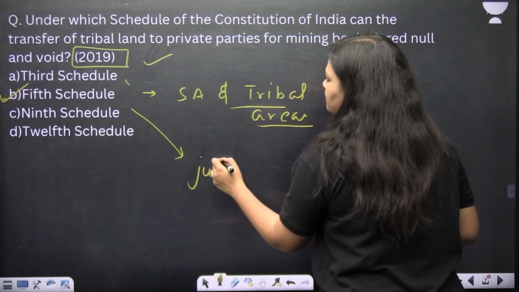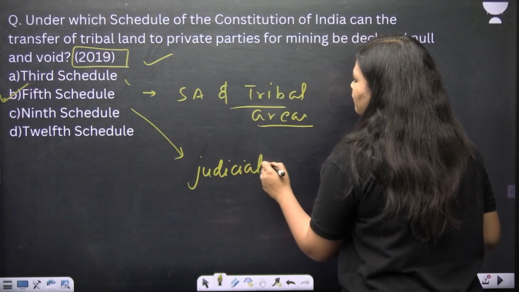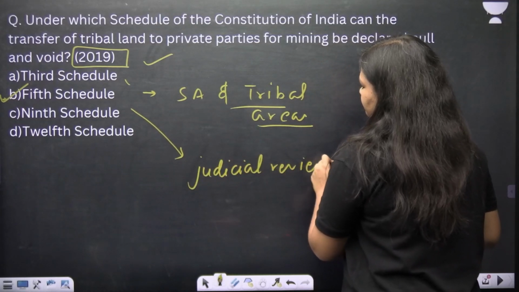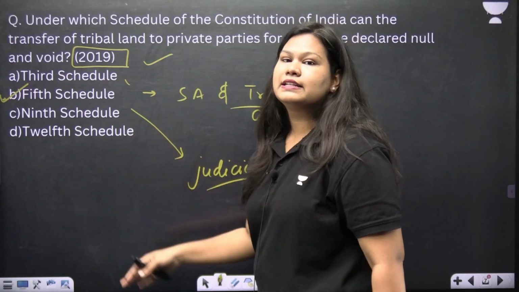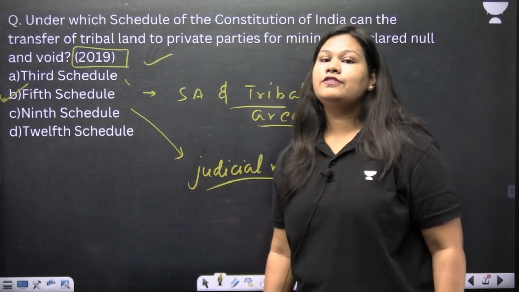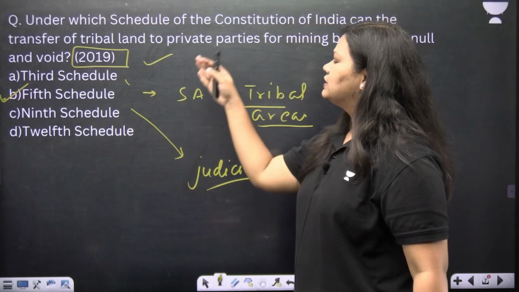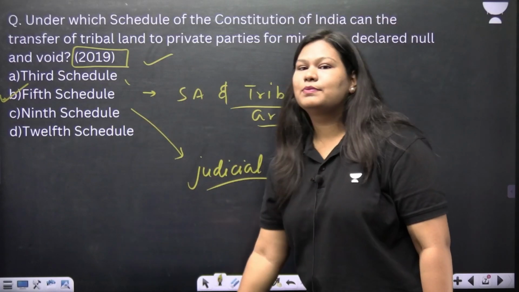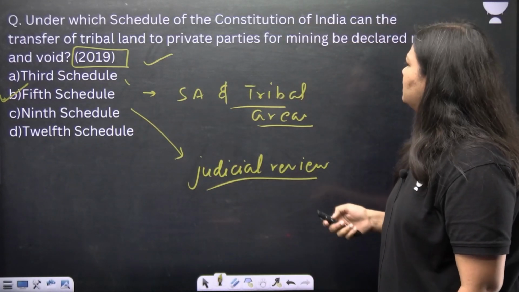It was introduced to implement land reforms. And 12th schedule deals with the powers and functions or subjects of municipalities. So these are the schedules. So the right answer is B, which is 5th schedule.